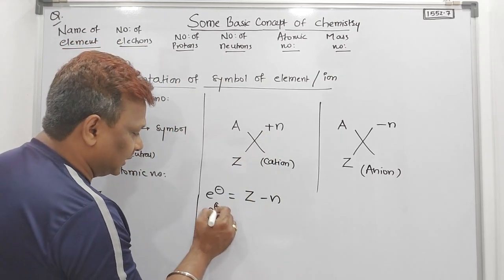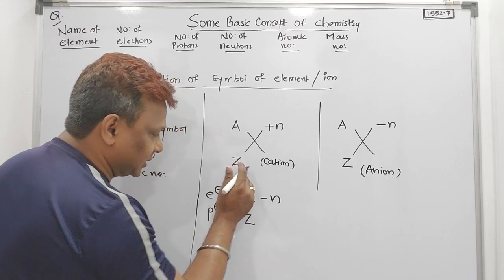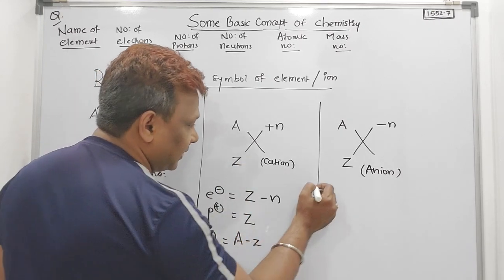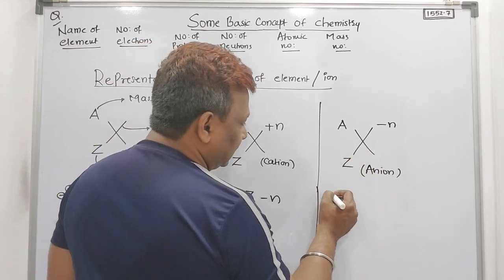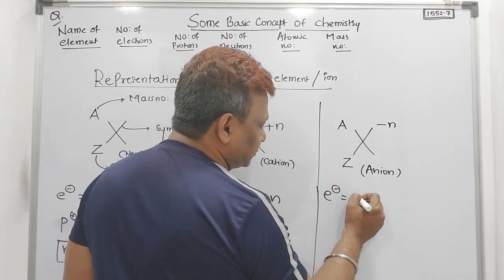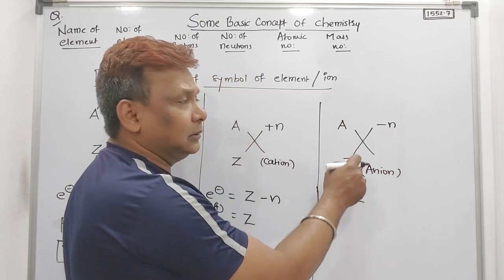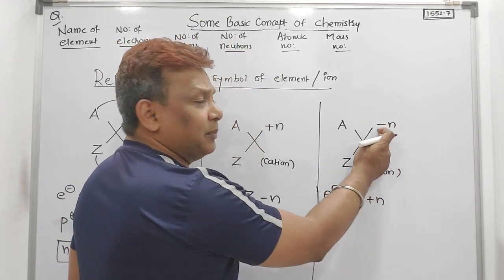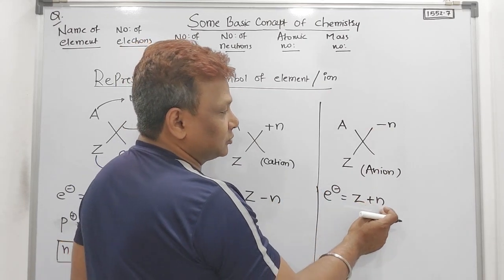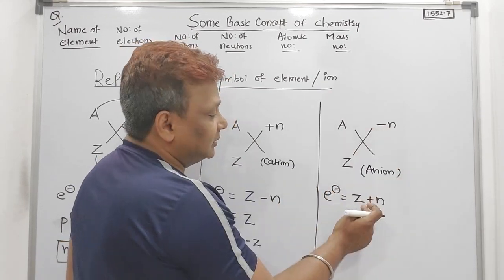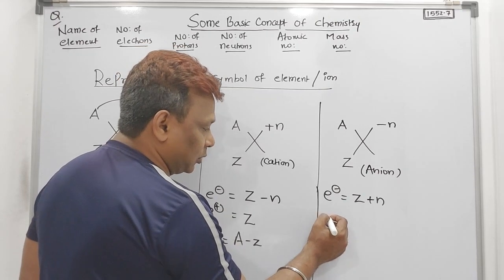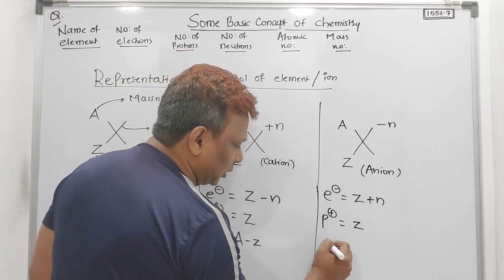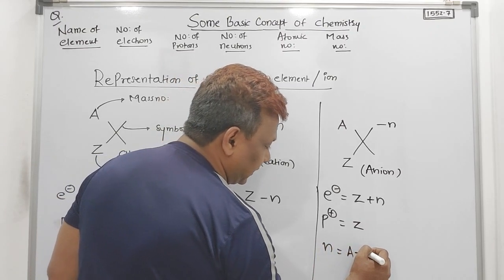Then protons remain as they are, equal to Z, and neutrons are also as they are, A minus Z. Then for the anion, the number of electrons is Z plus n, because anion means gaining electrons, so minus n means plus n. Suppose it has minus 2, Z plus 2. Suppose it has minus 3, Z plus 3. But protons equal the value of Z, and neutrons equal A minus Z.